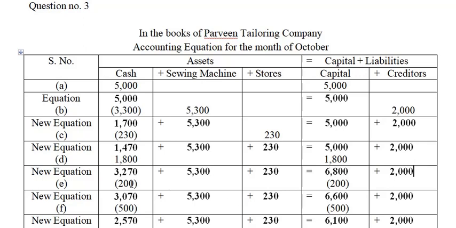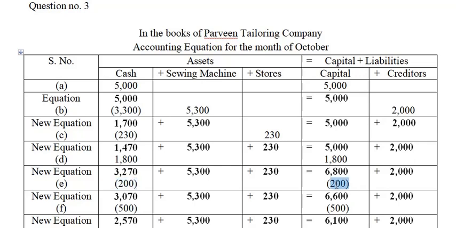So let us move on to point number E. Paid rent for the month, rupees 200. Now you are paying the rent, so the cash will decrease. Cash is getting decreased here, 200 is going out. If you are not comfortable with this bracket, you can write a minus sign here.